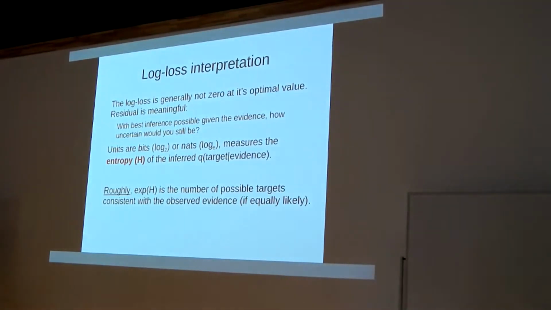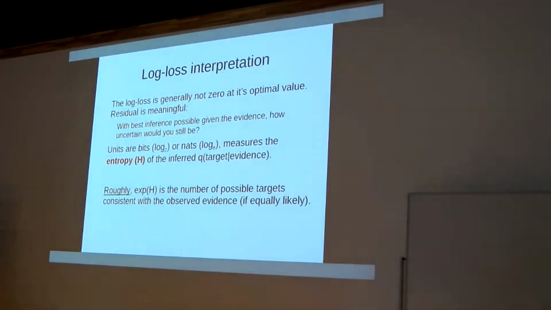So the entropy is measuring the number of effective equal possibilities that could still occur. If I have the entropy of a conditional distribution coming out of the machine learning algorithm, it tells me that even with all the evidence I have, how much do I still not know?